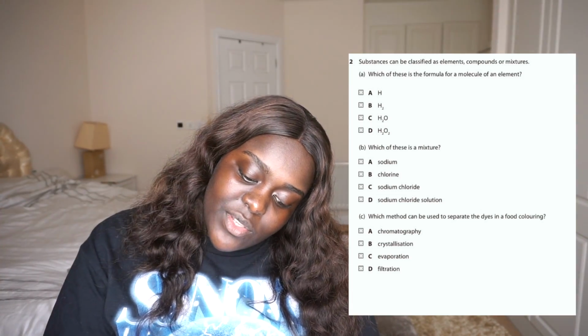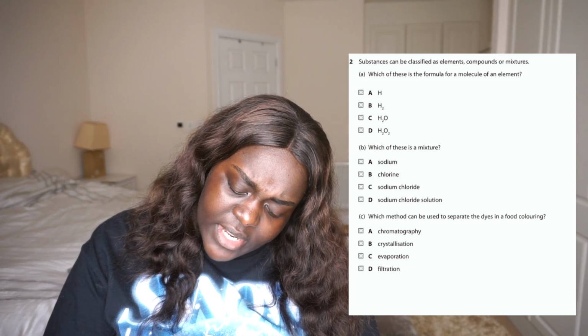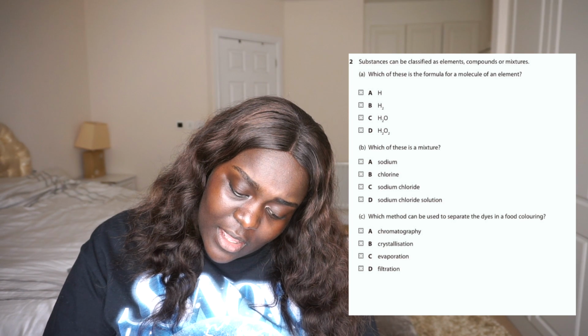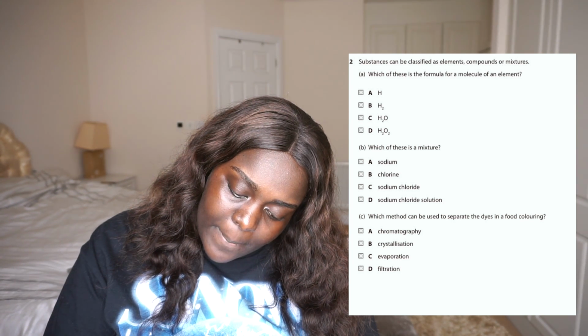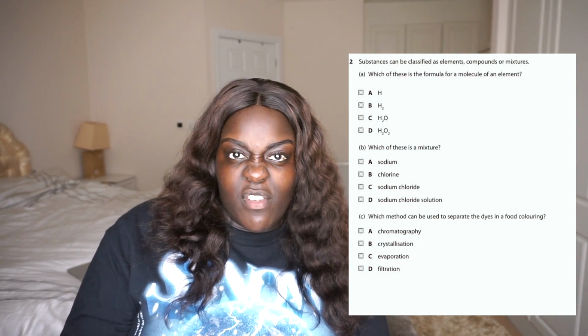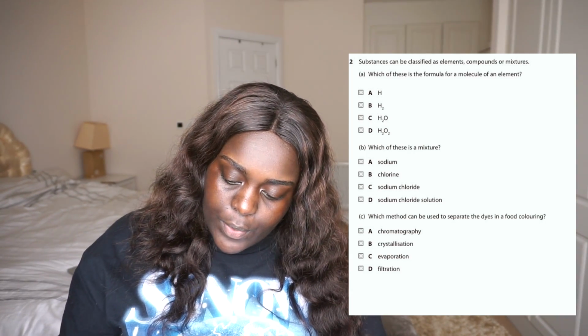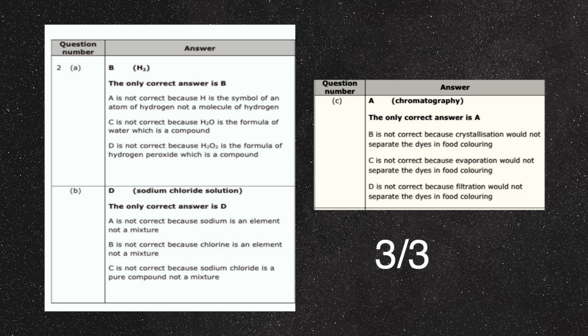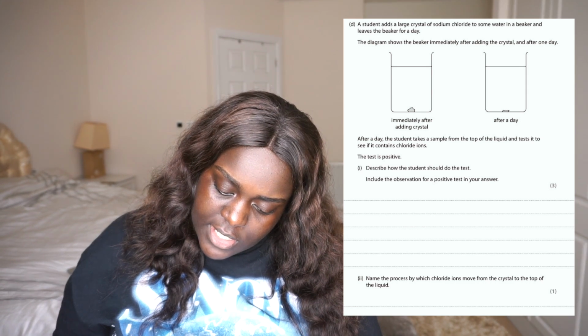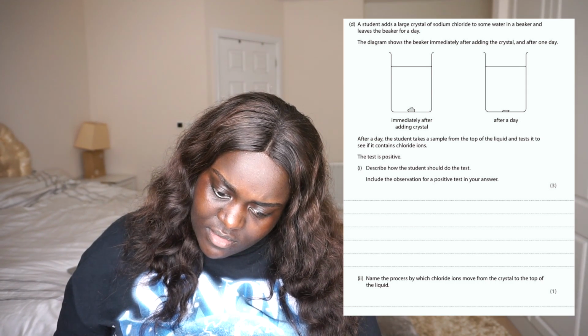Which method can be used to separate the dyes in food colouring? I'm going to go chromatography. Okay, cool. A student leaves a large crystal. Describe how the student should do the test. So they're asking for a test of chloride ions.